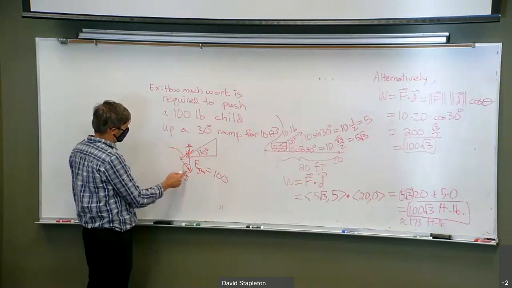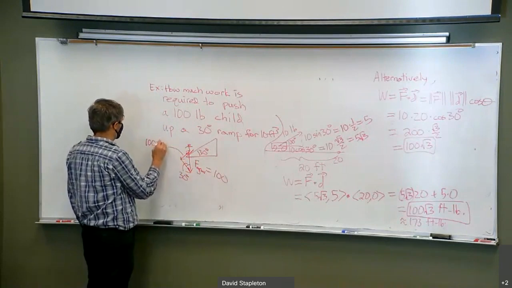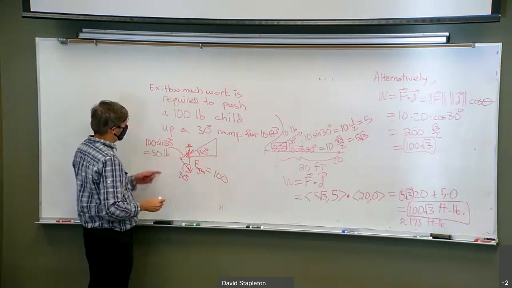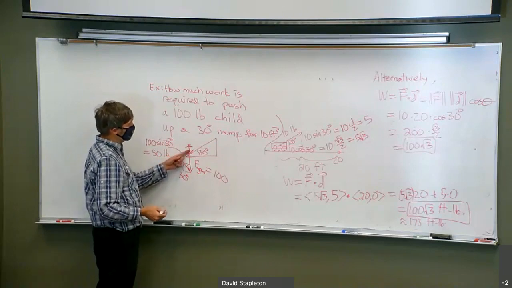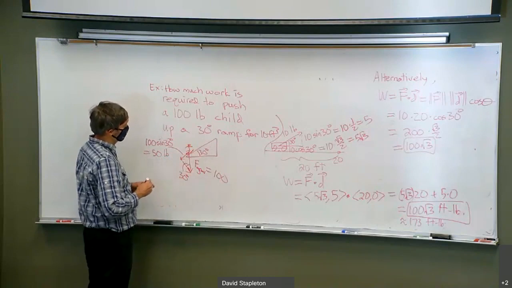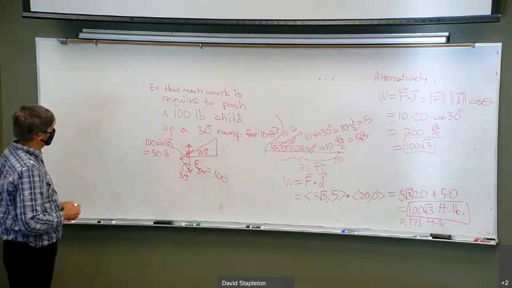This component here is 100 sine 30 degrees, or 50 pounds. In other words, to just overcome gravity, you have to push the child with 50 pounds of force to push the child up the ramp. Now, I'm going to push for 10 feet.